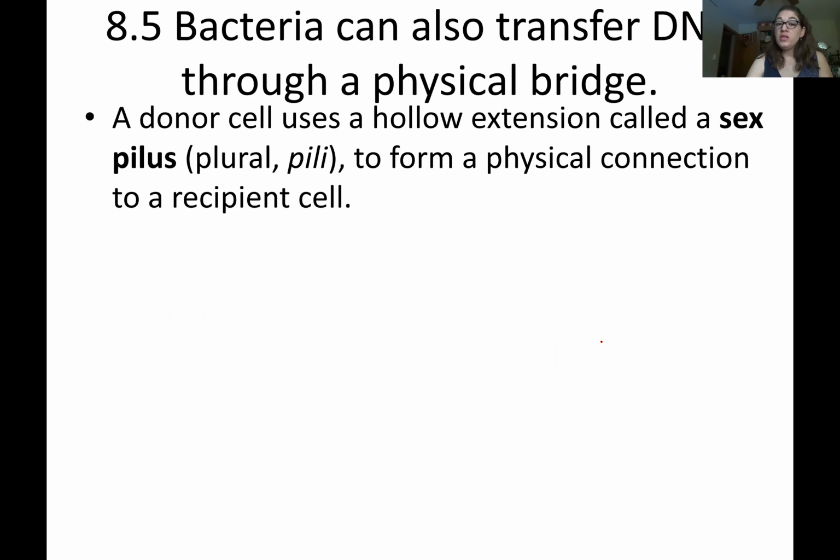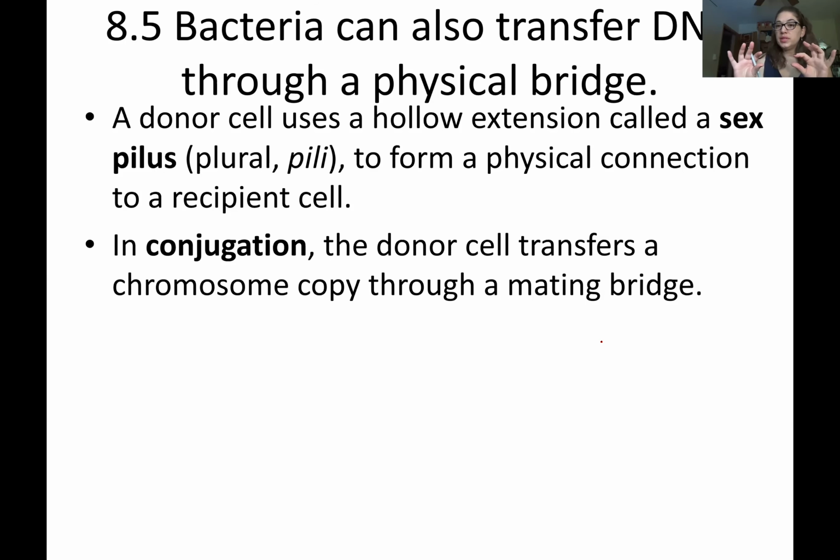Okay, another way that you can get DNA or get variety is through an actual bridge between two bacterial cells. They use this hollow tube, essentially, called a pilus, or a sex pilus, or sex pili if it's plural, and it forms a physical connection between two cells. Then it can transfer a segment of DNA from one cell to another through that hollow tube.